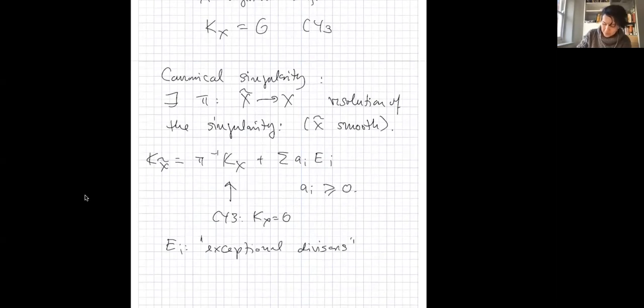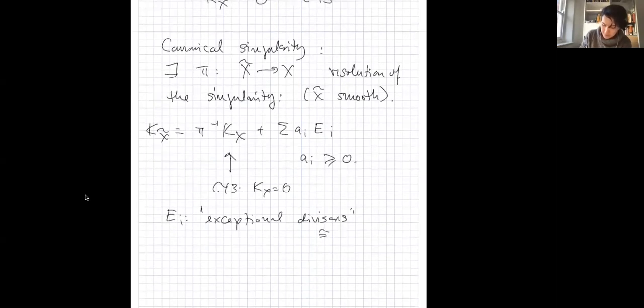Exceptional divisors just means a divisor, right, is real 4-cycles, or complex 2-cycles. And exceptional is just that they arise as you blow up certain loci in your geometry. And as you blow up, you can actually change the canonical class by positive multiples of these exceptional divisors. And canonical means that these a_i really have to be greater or equal to 0.